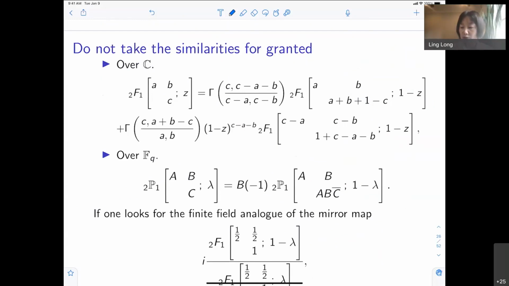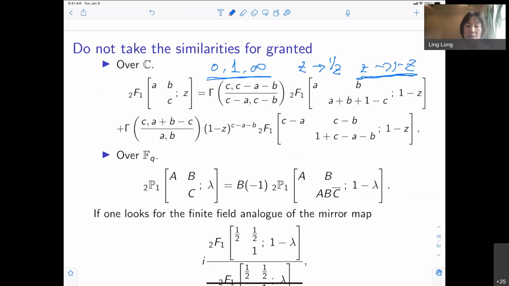Basically, they relate to the linear transformations on CP1, which permute 0, 1, and infinity. Of course, one way to do that is sending Z to 1 over Z. The other way of doing it will be Z to 1 minus Z, etc. So these correspond to linear fractional transformations permuting these three singularities.